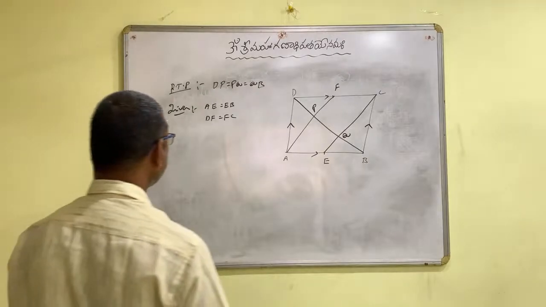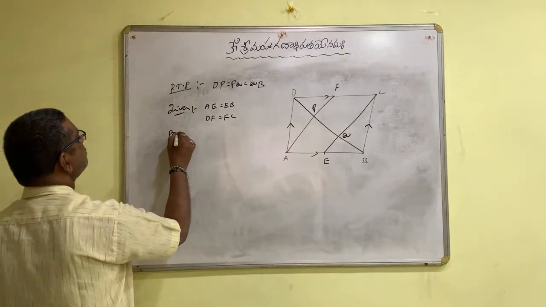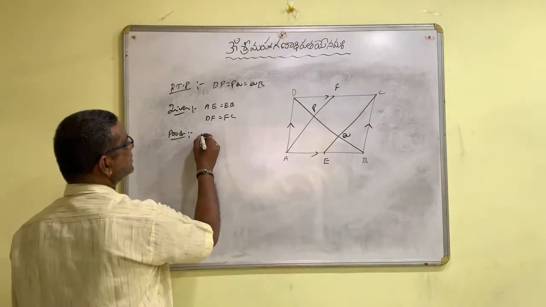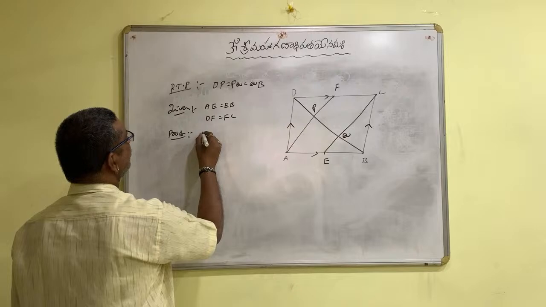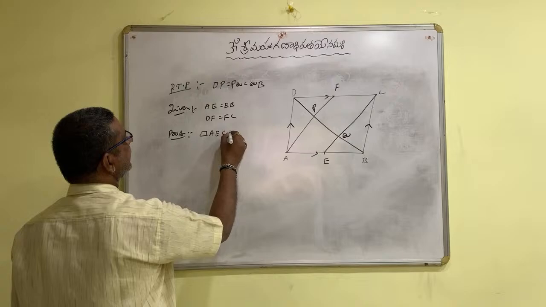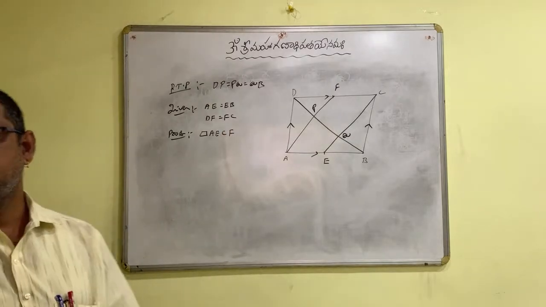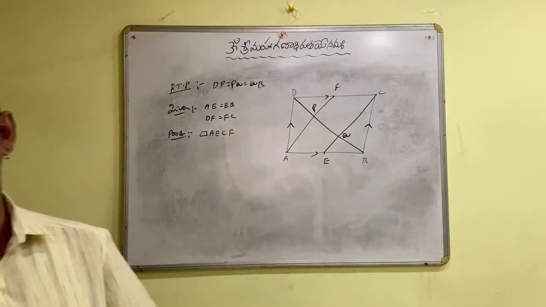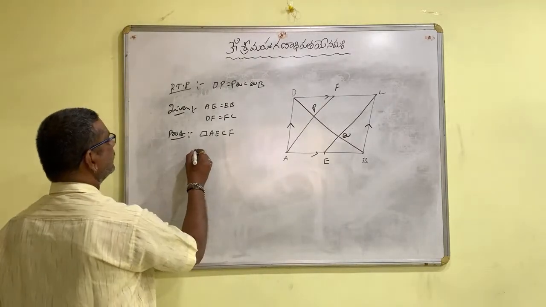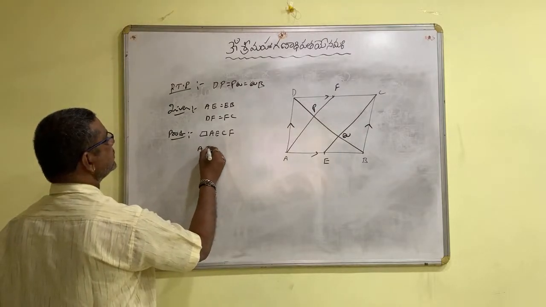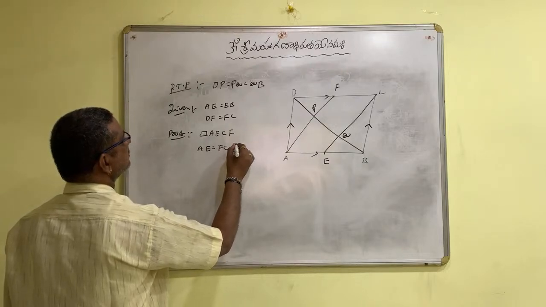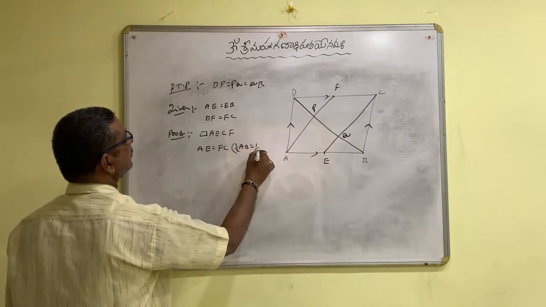Now, proof. If we consider quadrilateral AECF, AE is equal to FC because half AB is equal to half DC.